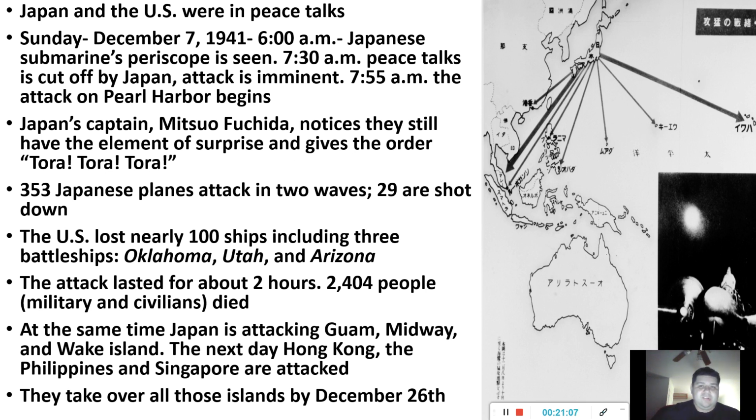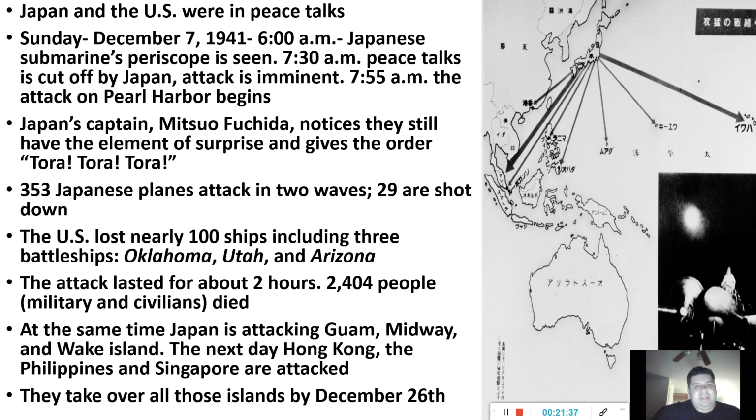Okay? Sun Tzu in the Art of War says that the element of surprise is one of the most key factors in a battle. When your enemy does not know you're coming, you have the biggest advantage of all because you can attack and you can do a lot of damage that way. And that's what happens. The first wave goes by, dropping bombs, dropping torpedoes, shooting at the boats, shooting at people, shooting at buildings.